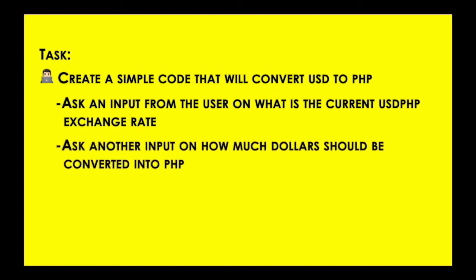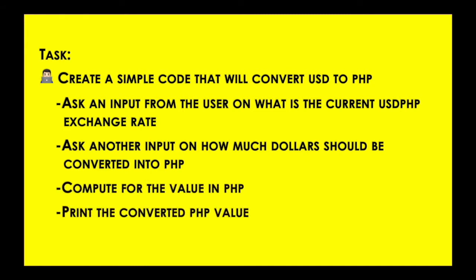And of course, after asking that, we should ask another input from the user on how many dollars should be converted into Philippine peso. And lastly, compute for the value in Philippine peso, and of course, we should print the converted Philippine peso value for the user to see what is the final conversion value.